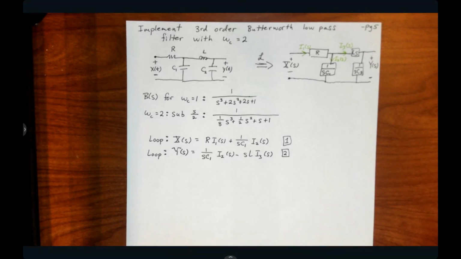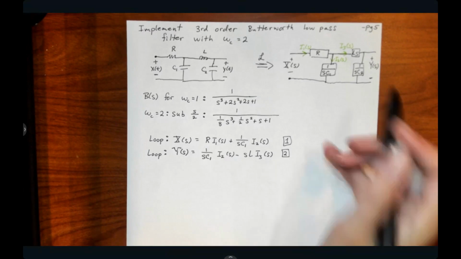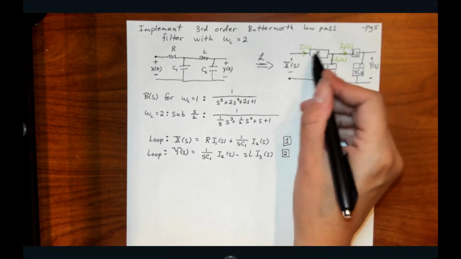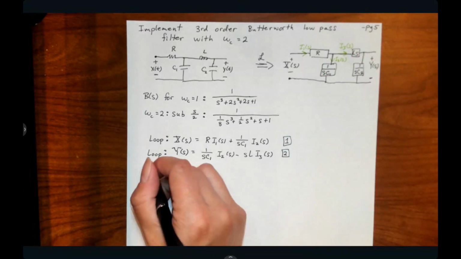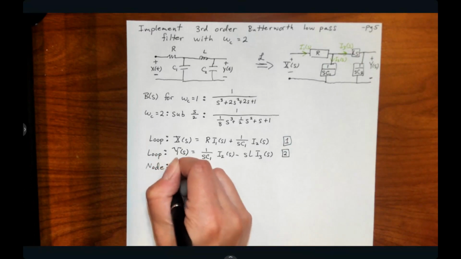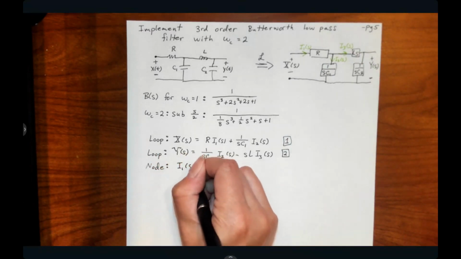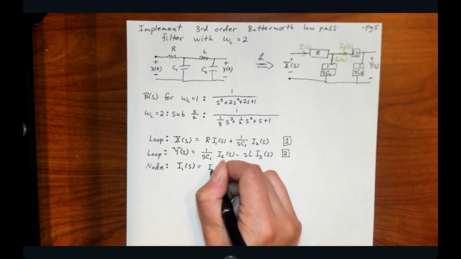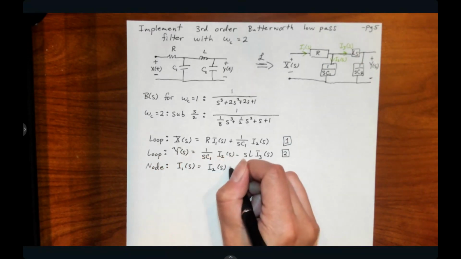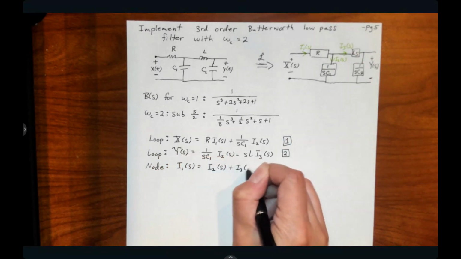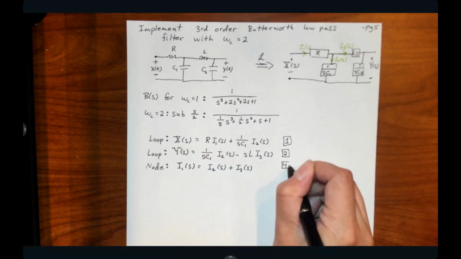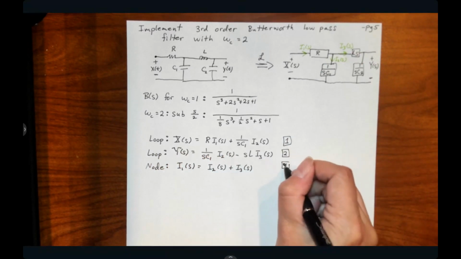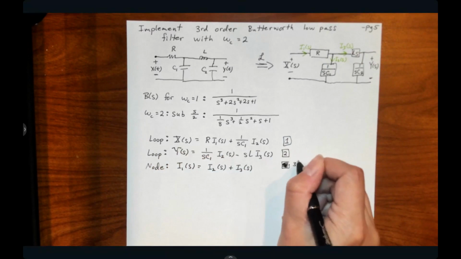So we're going to look for some more equations. I'm going to use a node equation here. So looking at the current going in equals the current going out, we have a relationship between each of these currents that we use. That's 3.